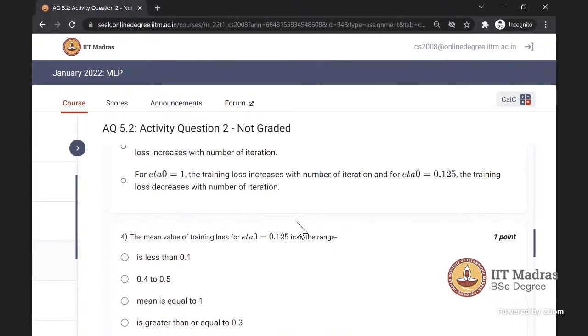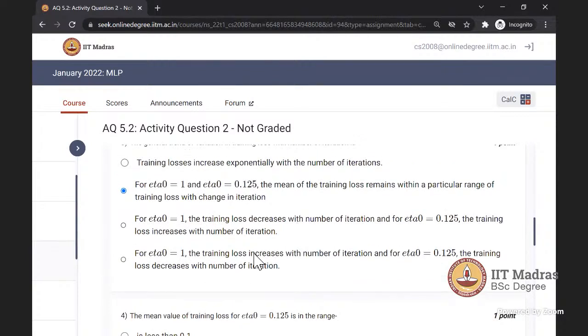Sir, why is the fourth option wrong? Sure. It says training loss increases with number of iterations for eta 0 equal to 1. Can you go to the graph?